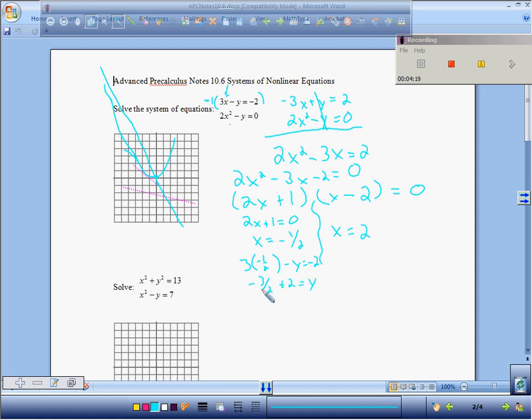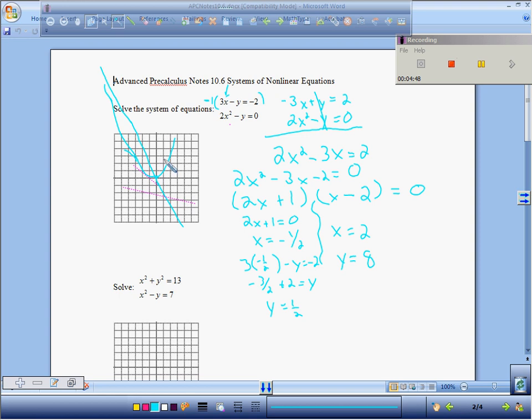Doing a little algebra gives me y equals positive 1/2. Is that right? Positive 1/2. And over here, if I plug 2 in, 6 plus 2 equals y, so y equals 8. Is that right? If I take 2, 6 minus y, 8, yep. y equals 8.